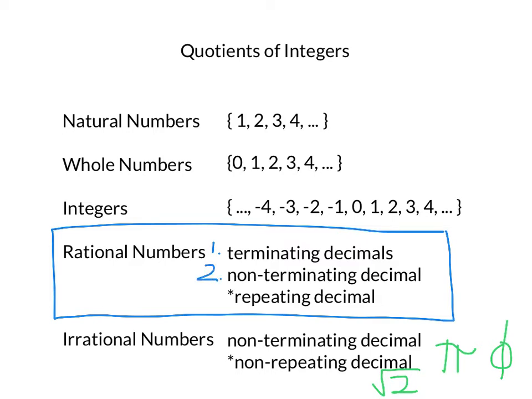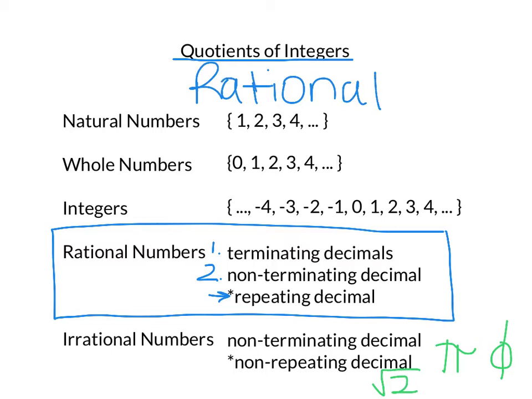And if it's non-terminating, it's going to have to be repeating for it to be a rational number. So that's what we're doing today for quotients of integers. They will be rational numbers. So let's do a few fractions, turn them into decimals, and classify them.